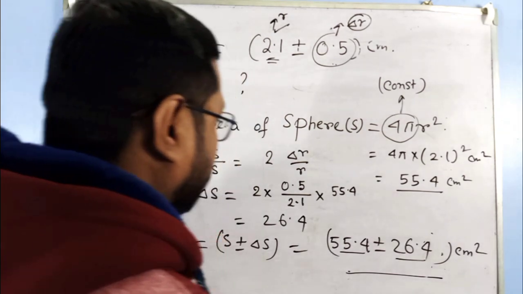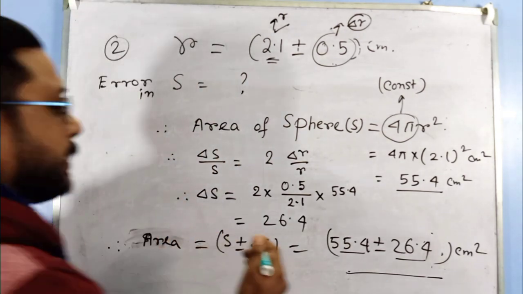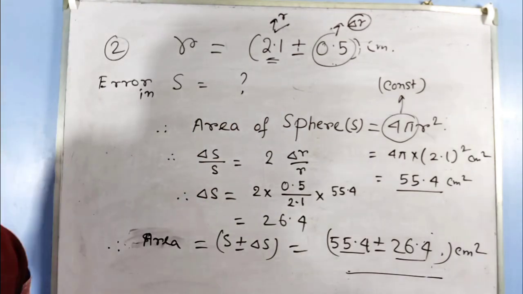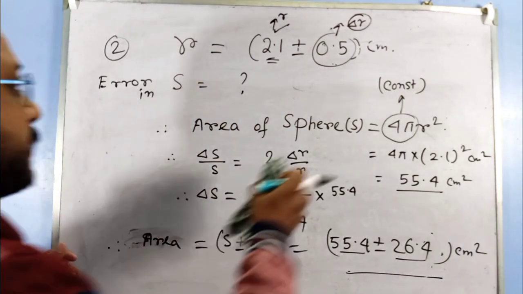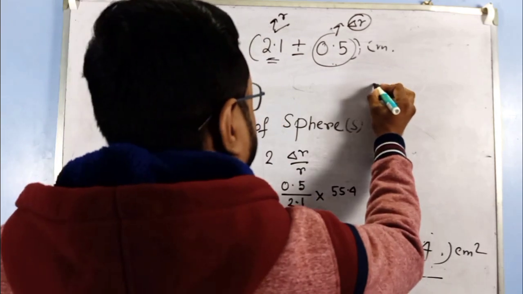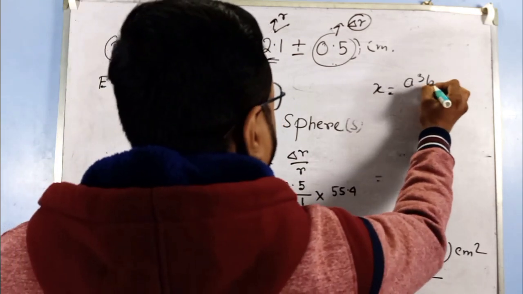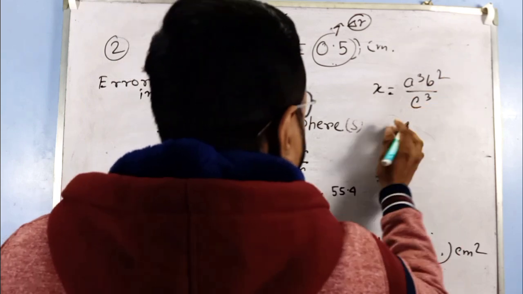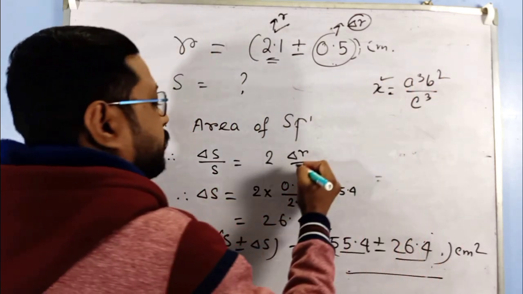Okay, if any formula is given, this will be the method. Let us consider one more equation: if we get some relation that is x equal to a cube b square by c cube. So we have to find the error of x.